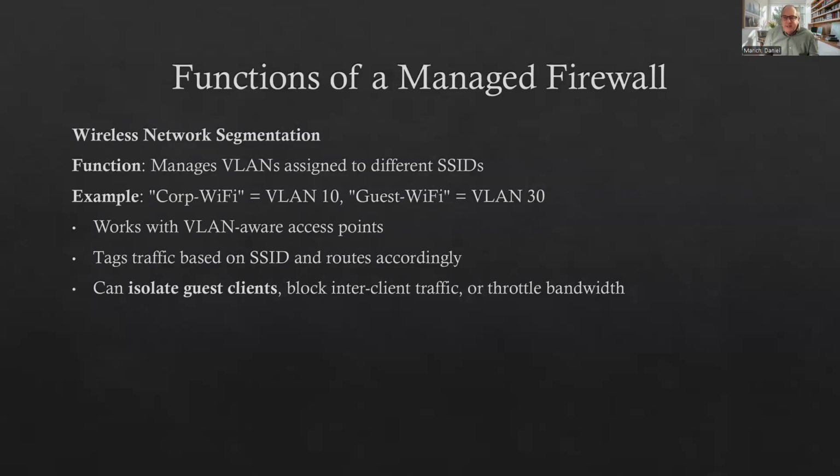Each SSID operates as a separate virtual network, allowing the firewall to enforce different policies. This setup requires VLAN-aware access points, which tag wireless traffic based on the SSID. The tagged traffic is then routed appropriately to the firewall. With this approach, you can isolate guest clients, block communication between wireless users, or even limit bandwidth per SSID. It's an effective way to enhance security and performance across networks.